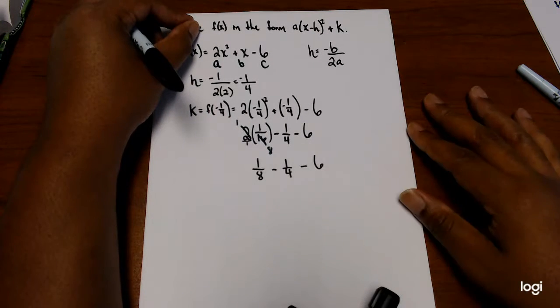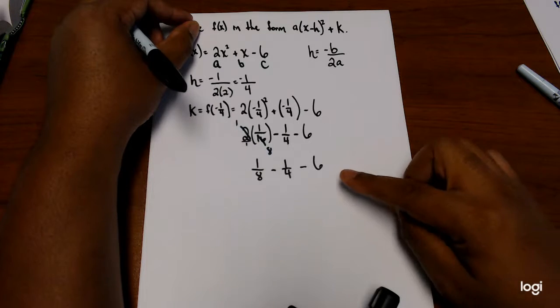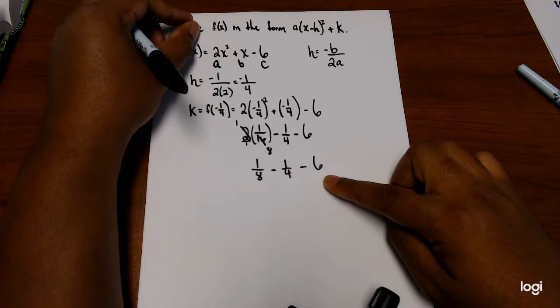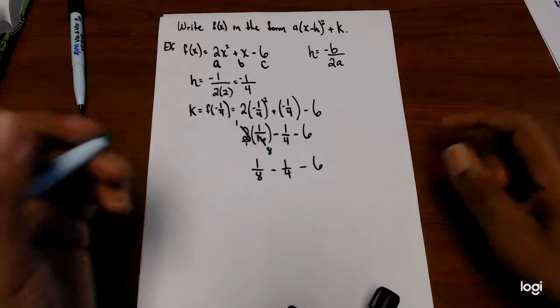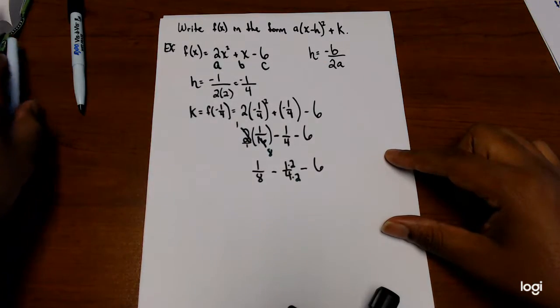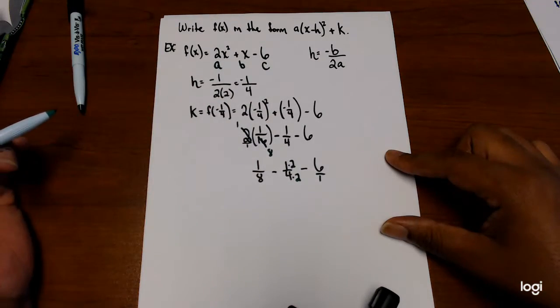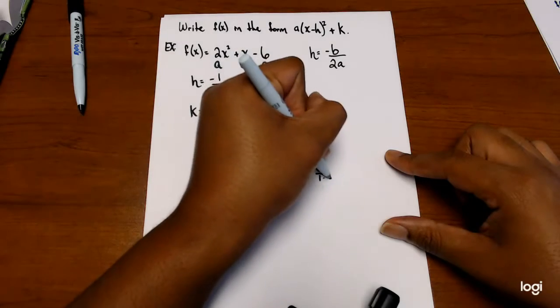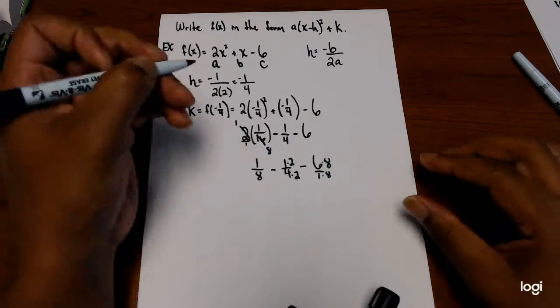So we're just going to add and subtract as we see from left to right. Before we do that, we need a common denominator. So let's make our common denominator 8. That means I need to multiply this fraction by 2 over 2. And since this is, of course, 6 over 1, and I want a common denominator of 8, I need to multiply this one by 8 over 8. So what do I have?